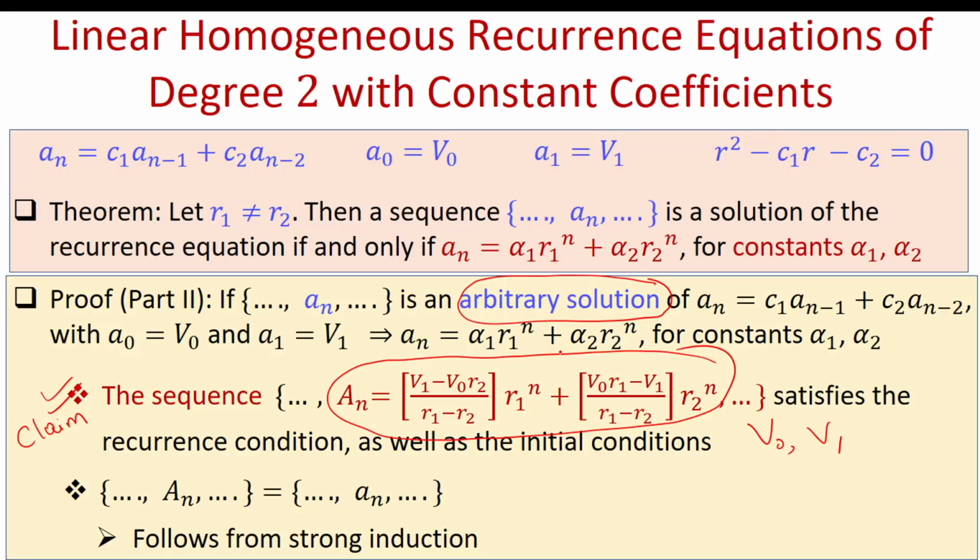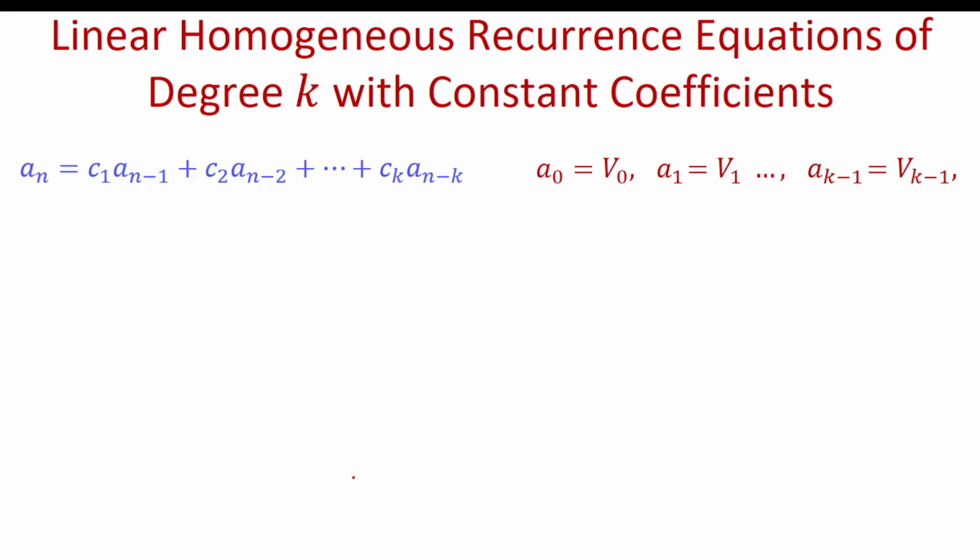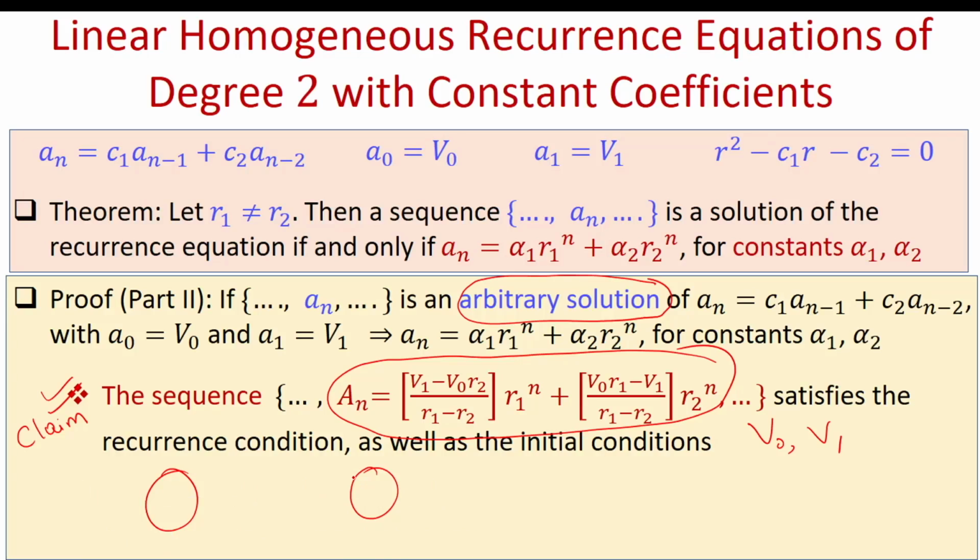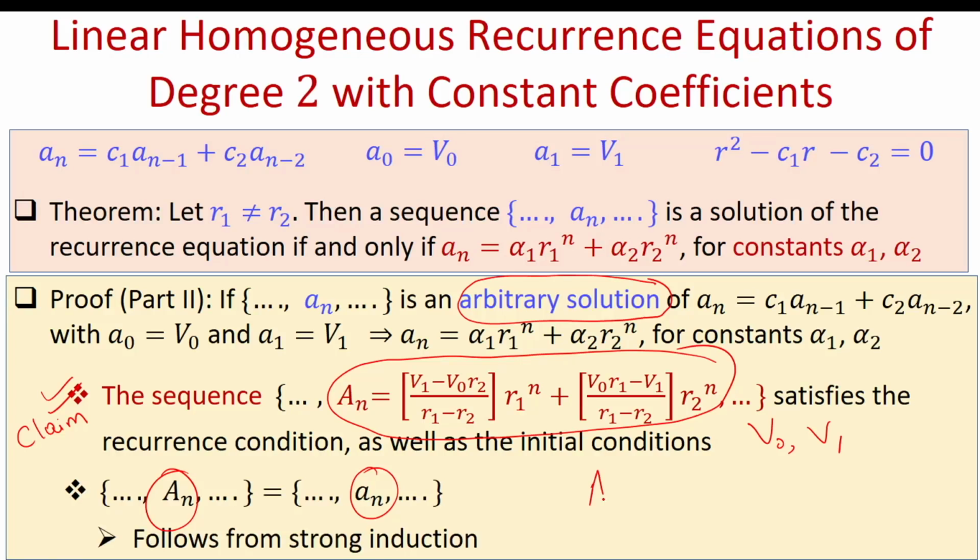That's not possible, right? So we have now a capital A sequence, and we have now a small a sequence. Both of them are satisfying the recurrence condition, and both of them are satisfying the initial conditions. So that's possible only when your capital An is equal to small an.